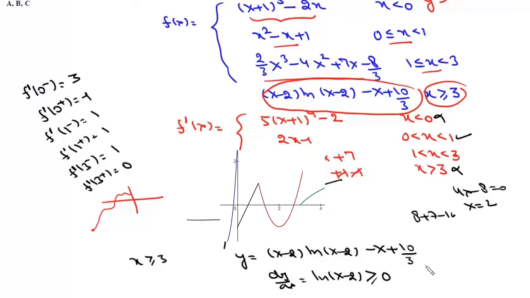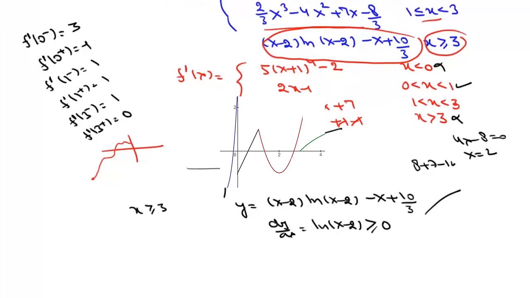That means this function is an increasing function in this interval. So its minimum value will occur when x is 3. So y(3) will be 1 times log 1, which is 0, and then minus 3 plus 10 by 3. So its minimum value is 1 by 3.